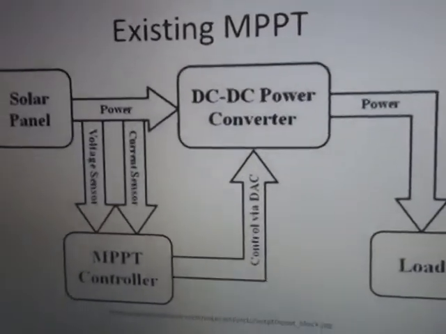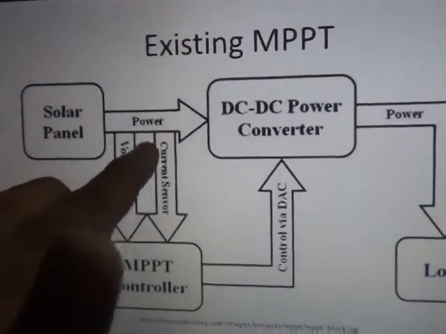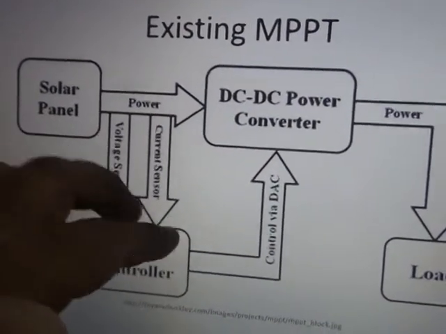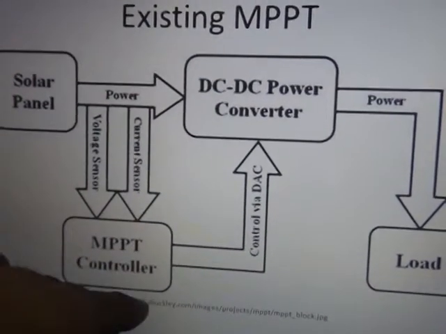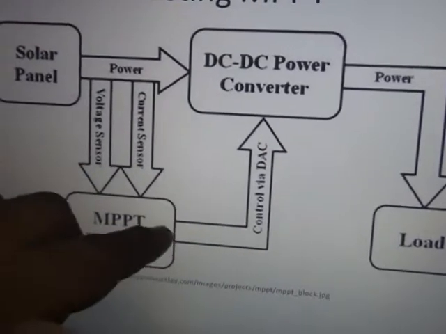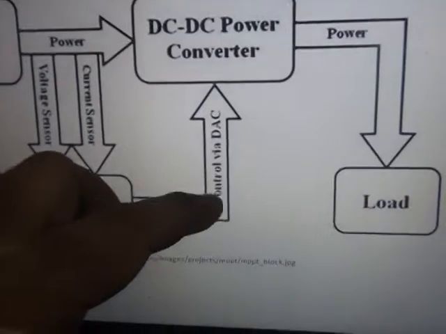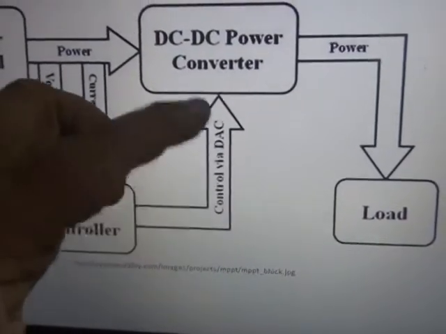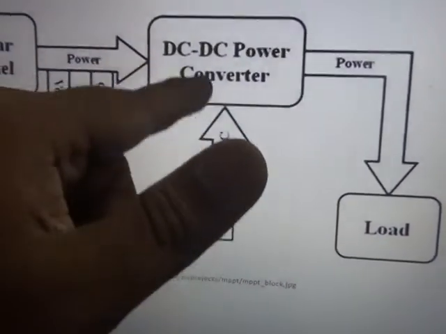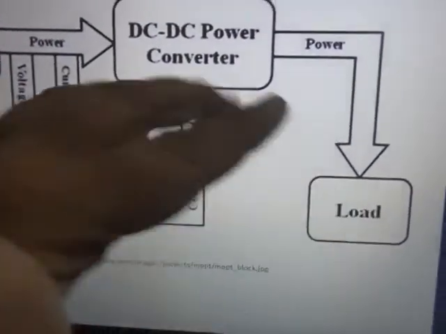Now, how does this happen in the existing technique? We have a solar panel whose current and voltage are monitored by a voltmeter and current meter. They are using an MPPT controller. It's just a decision maker like a simple SCADA or PLC system, and the converted values are given through a DAC or PWM control to a DC to DC converter, which could be a chopper, and that power is delivered to the load.